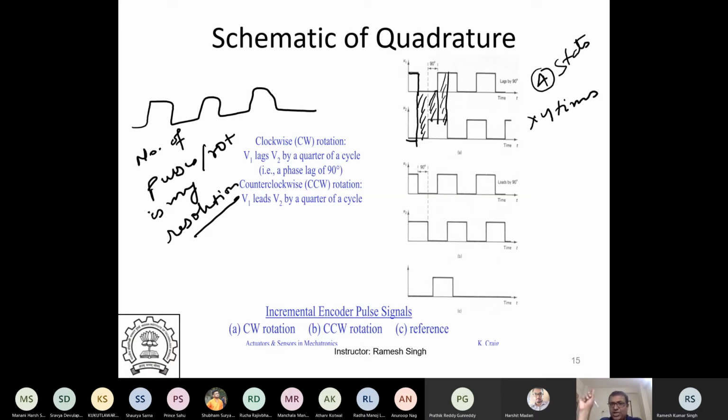With just one additional track, which is 90-degree lag or lead, I will get 4 different transitions. And I can sense that because this is the current, right? So I can sense 0, non-zero, then 0 again, then non-zero, and then another pulse which is higher than both, right?